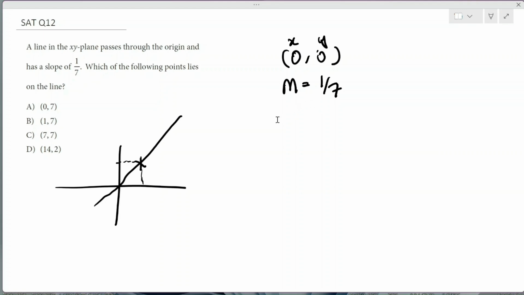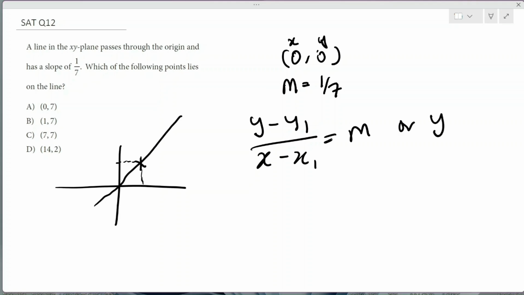It's either you find the equation by using (y minus y1) over (x minus x1) equals m, or you use y equals mx plus c. I think using this will be better. You can take your x1 to be 0 and your y1 to be 0.